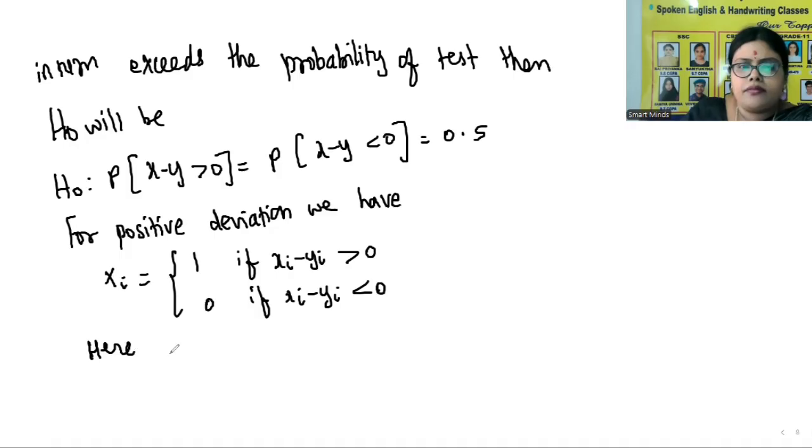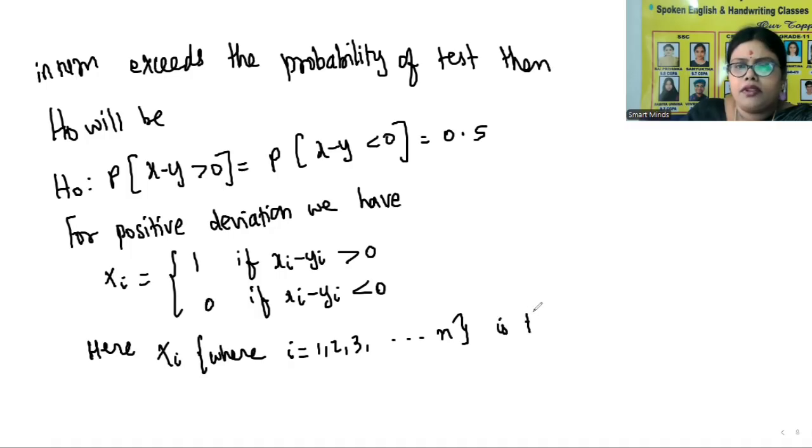So here xi, where i is equal to 1, 2, 3, and so on up to n, is a Bernoulli variate with p is equal to 0.5.